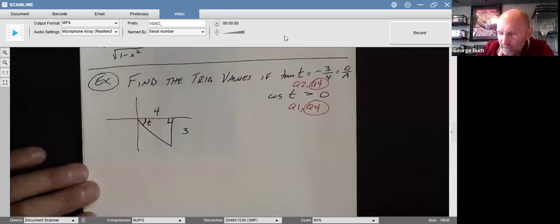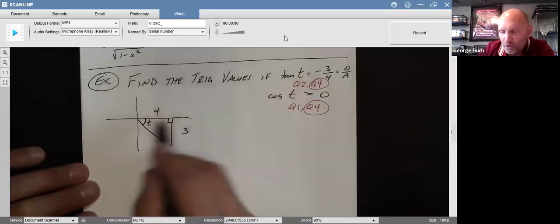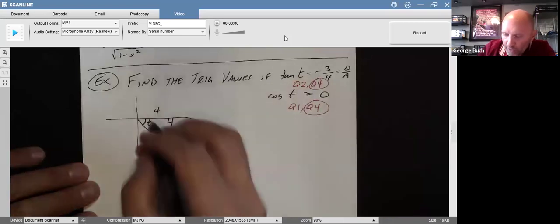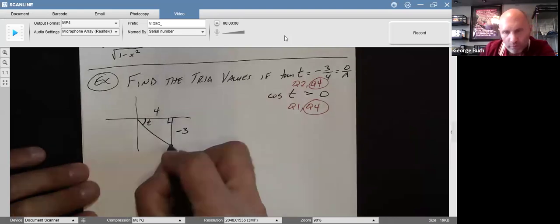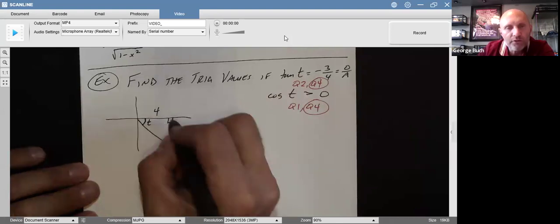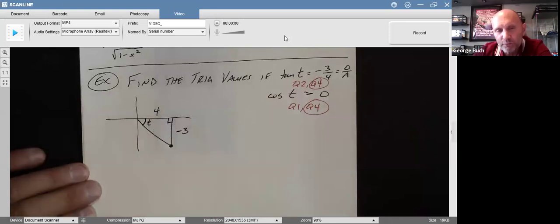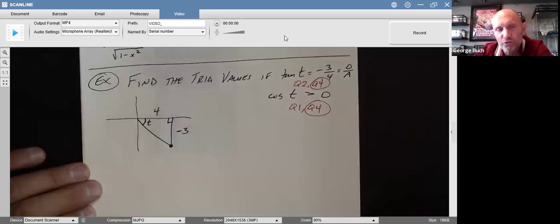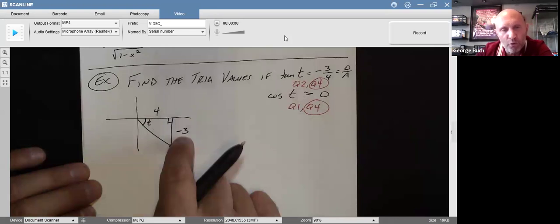But I have this negative here, and I have to figure out which of these numbers it goes on. It's going to go on the 3, right? Because I'm trying to get to this point of the triangle, so I have to go 4 units to the right, 3 units down. So it's not really that the length of the side is -3. The length of that side is 3, but the negative is telling me which direction. So I put it on the 3 to tell me that I'm going down.